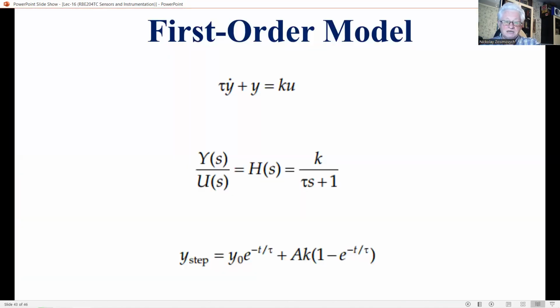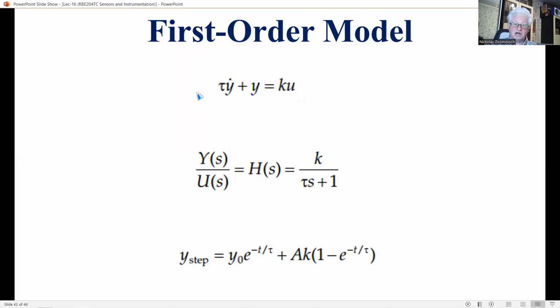A first-order linear dynamic system is given in the time domain by the first equation on the top: tau times y dot plus y equals k times u. Tau is the time constant. K here is the direct current gain.